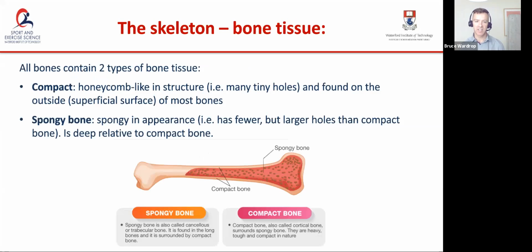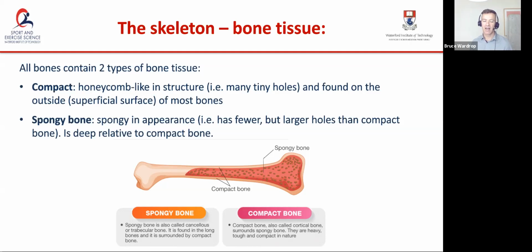We're just coming towards the end there of what we want to cover today. So if we talk about bone tissue, all types of bone contain 2 types of bone tissue. You've got compact bone, that's the outer surface or outer structure of the bone, and that's the hard outer surface.